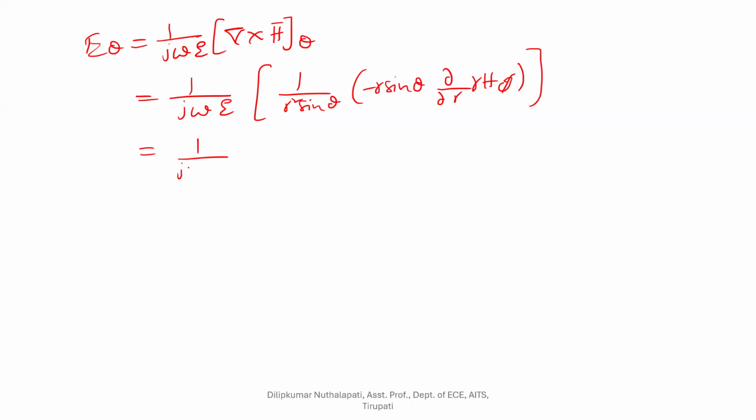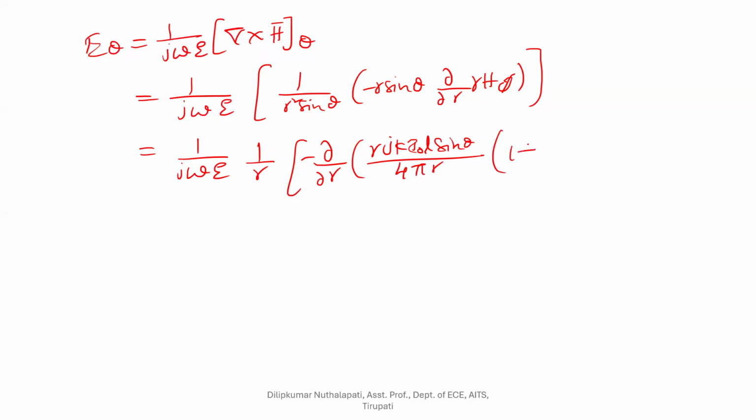Then there are certain terms that will get cancelled, and substituting the H phi component from the past slides, we get 1 by r into minus dou by dou r into, substituting the H phi component as, r j k I naught L sine theta by 4 pi r into 1 plus 1 by jkr into e power minus jkr.